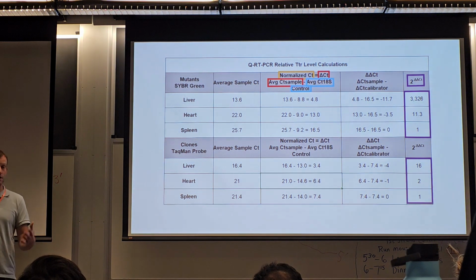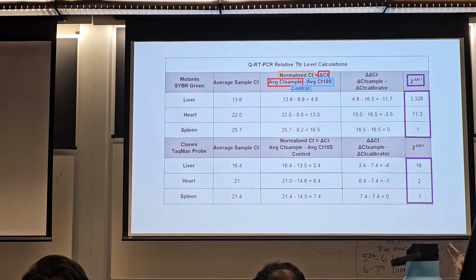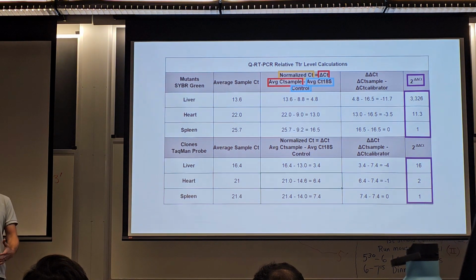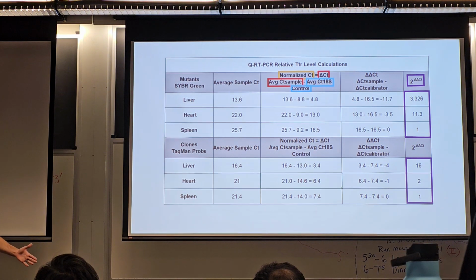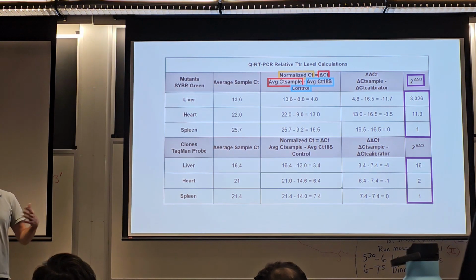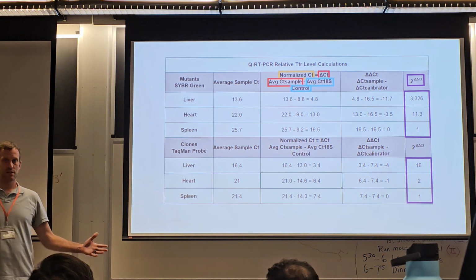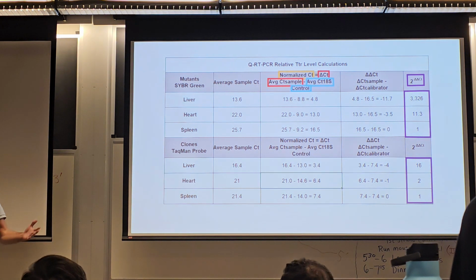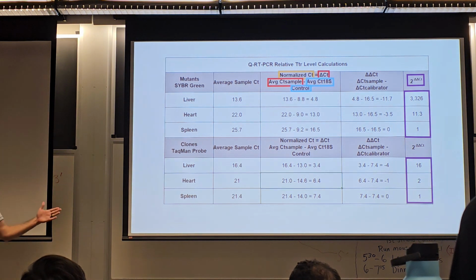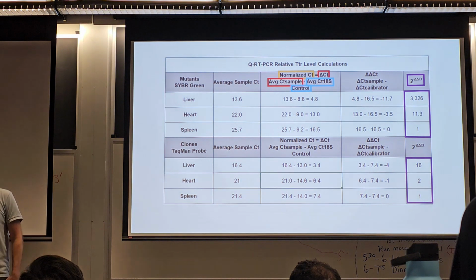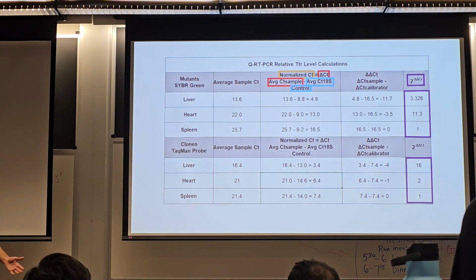But if you're interested in one or two genes, and you know what genes you're interested in, you do qPCR. If you don't know what's upregulated and what's downregulated between tissues, and you're interested in blanket changes in expression, you're doing next-gen sequencing, RNA-seq. If you're interested in TTR, you're doing qPCR, because it would be a big waste of money to do next-gen just to get information about TTR.